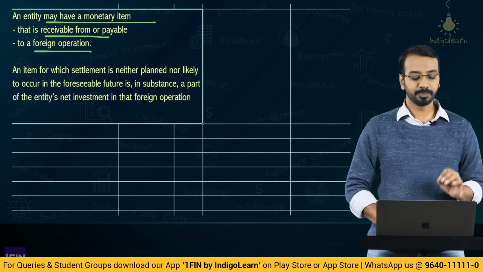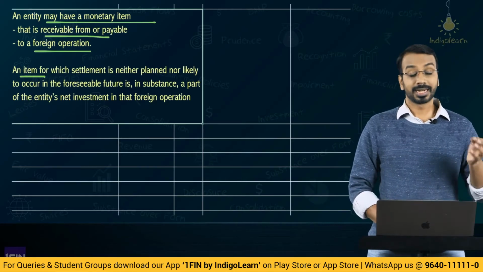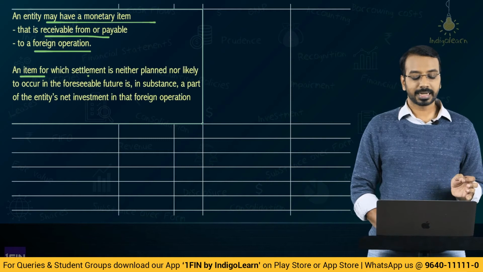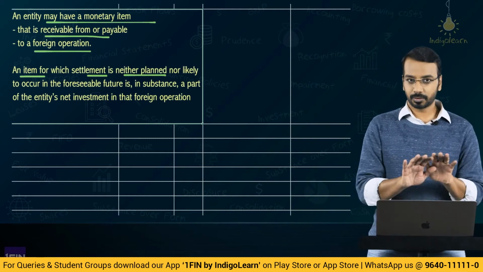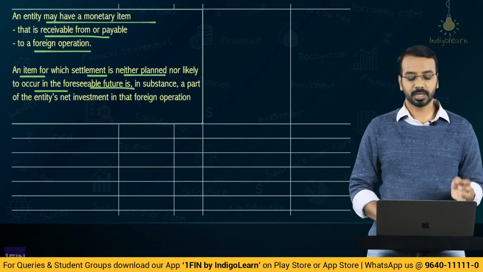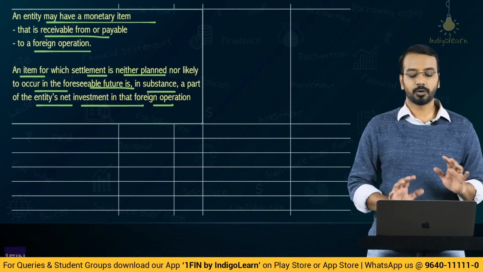Any scenario is possible. What the standard says is, if a monetary item that is receivable or payable to a foreign operation for which settlement is neither planned, that means you have not planned the settlement, nor likely to occur in the foreseeable future, that is in substance a part of the entity's net investment in that foreign operation.